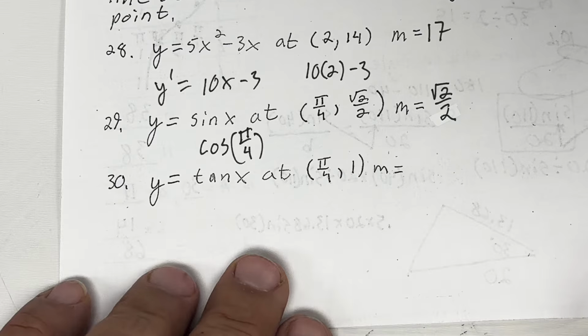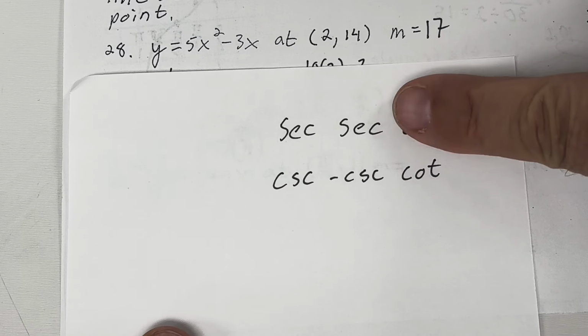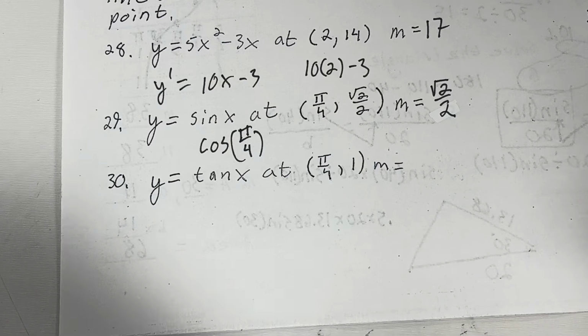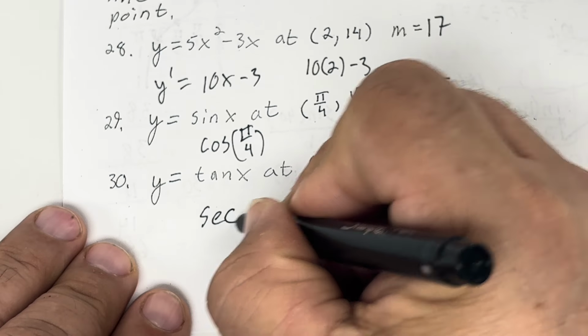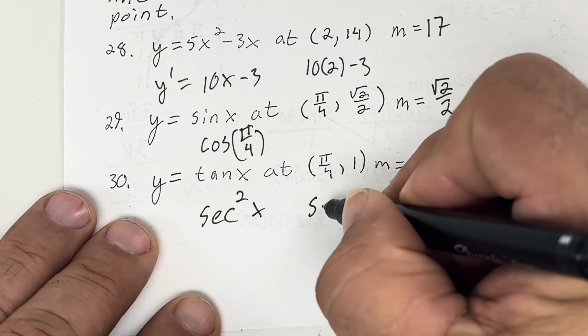The derivative of tangent, I think I'm going to need a note for that one. The derivative of tangent is secant squared. So that's going to be secant squared x at pi over 4. So I need to know what secant of pi over 4 is and then square that. So let's go to the chart and figure out what secant of pi over 4 is.